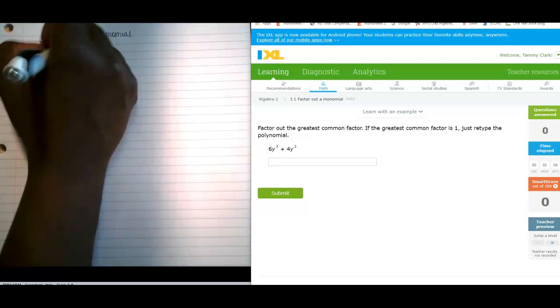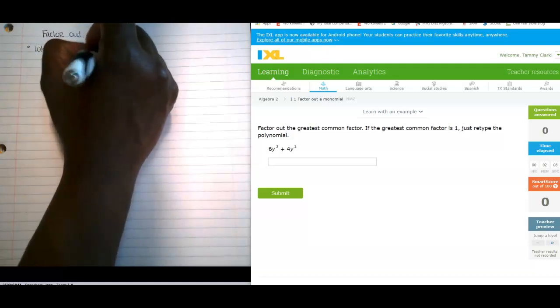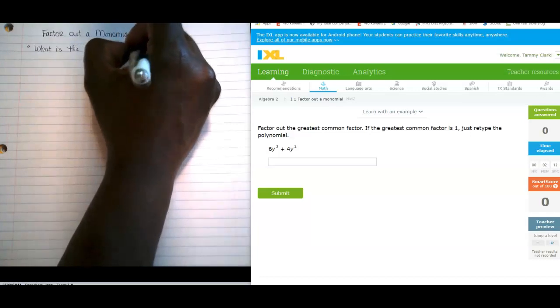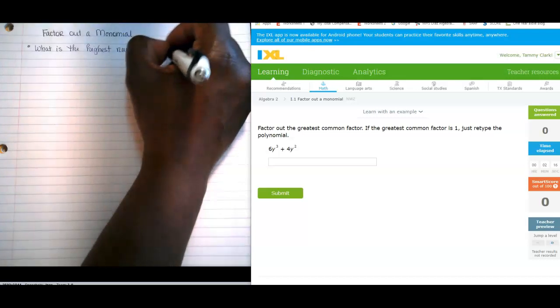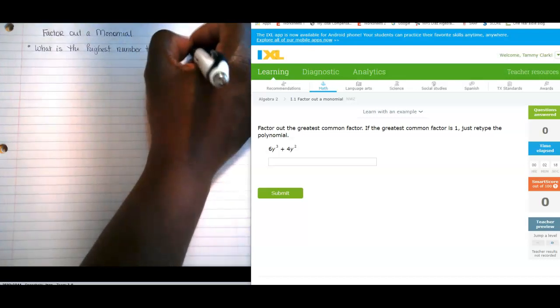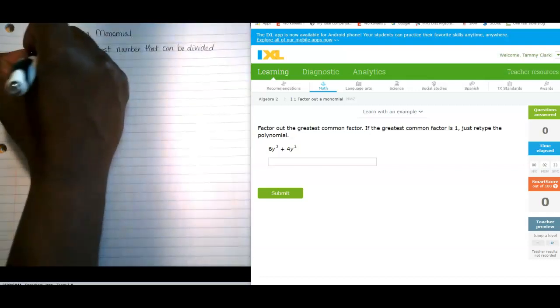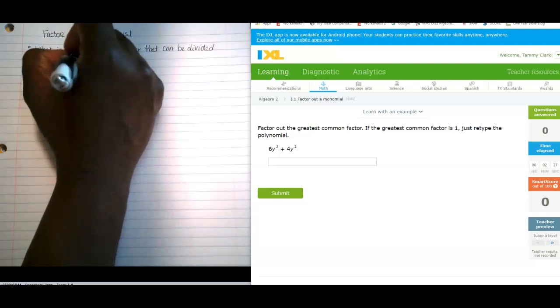highest number that can be divided into all terms.